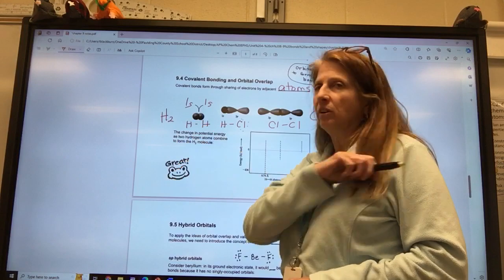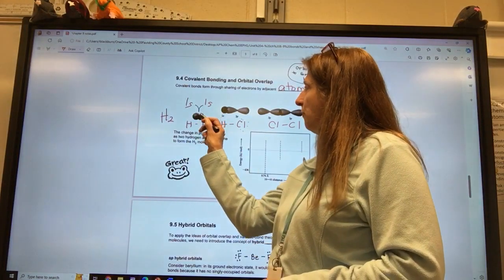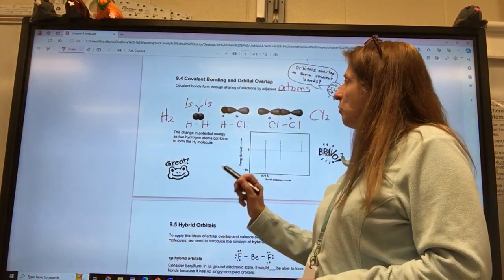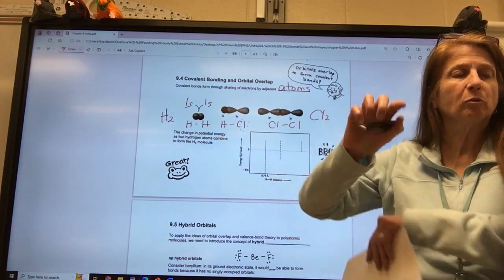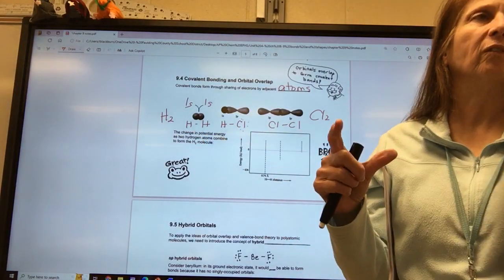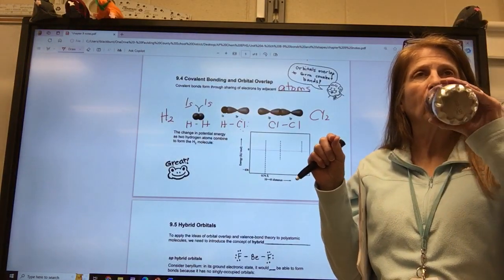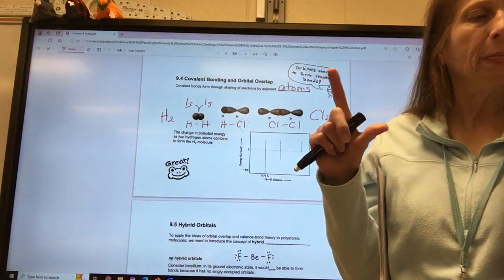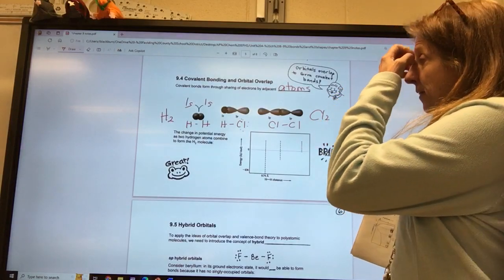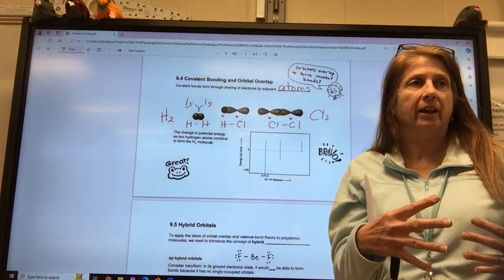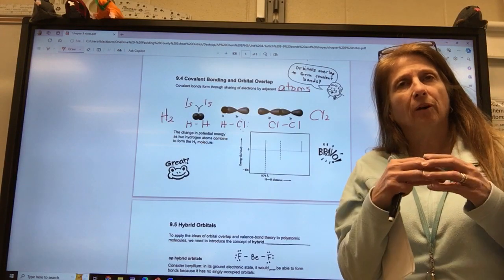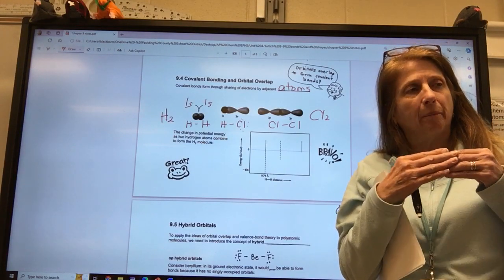Too much, not happy. It's this perfect amount of overlap that makes the charges happy. Because remember, these are both negative, and so you can't squish them too close or there'll be repelling. But at the same time, the atom wants to make the bond. It wants to feel like it's got the octet. So there's just this perfect little amount of overlap that's the bond.